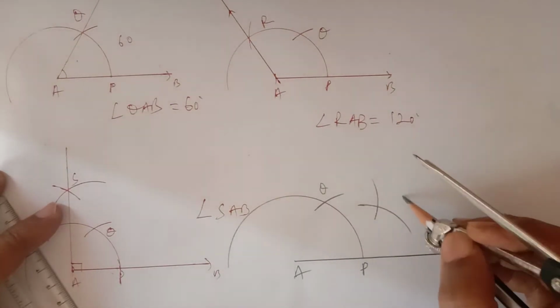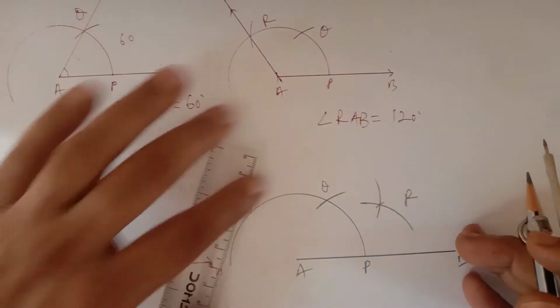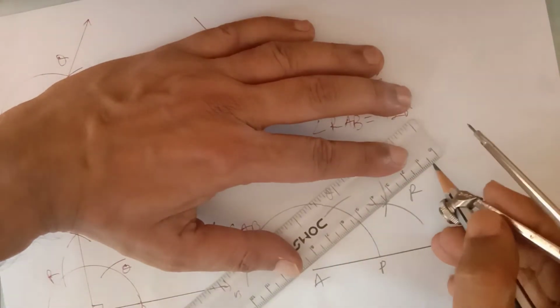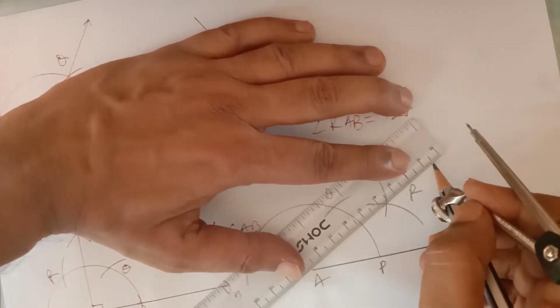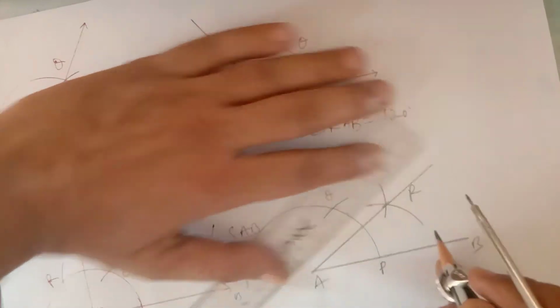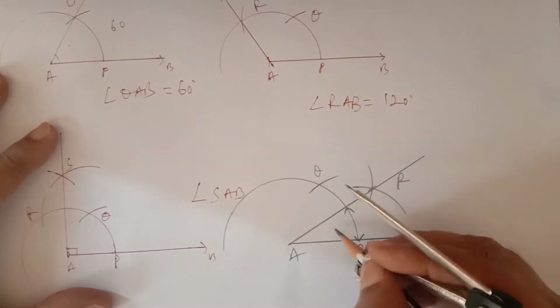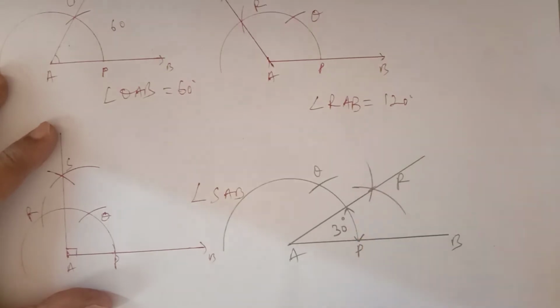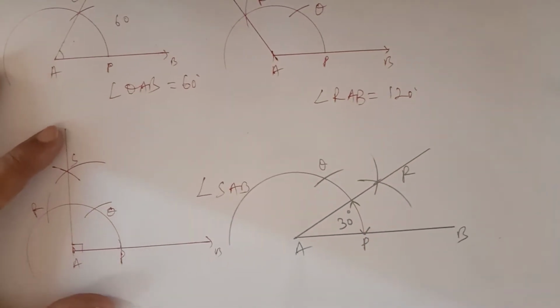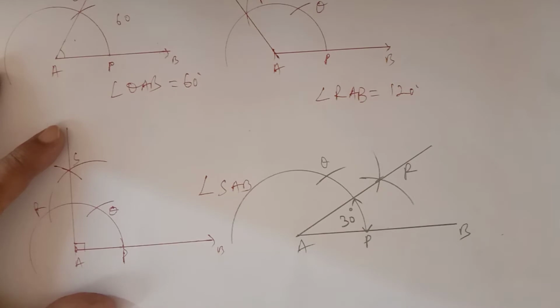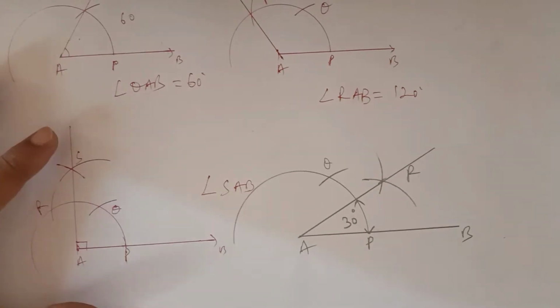Let us say they are intersecting at the point R. When you join this R with A, you will get this angle as how much? 30-degree angle, which is the half of the angle of 60. So this is the way you can construct a 30-degree angle using compass and scale only.